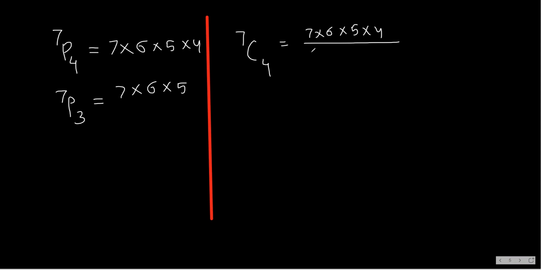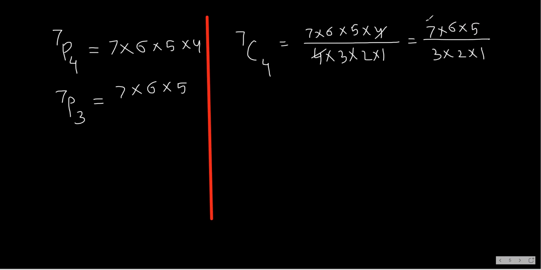Here you will have to write 4 factorial in the denominator, that is 4 into 3 into 2 into 1. This 4 and 4 cancel. So the actual answer is 7 into 6 into 5 upon 3 into 2 into 1.